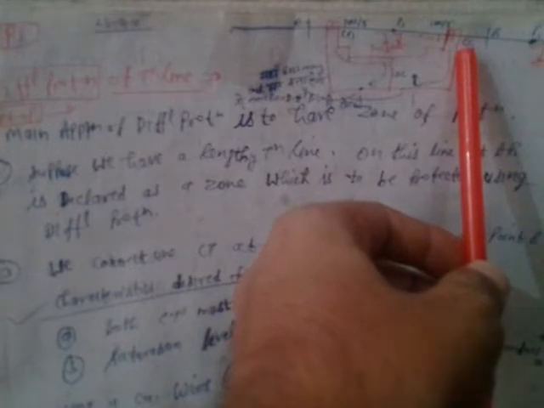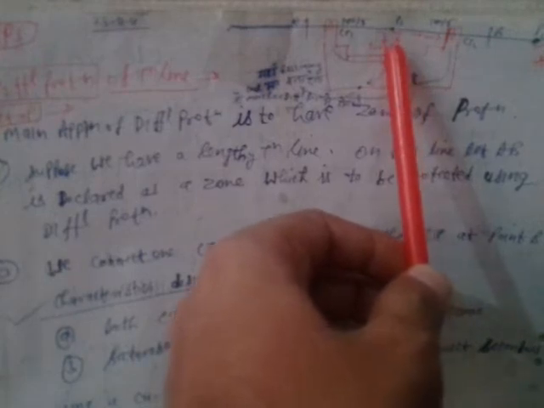Then the current seen by the CT1 primary will be 1000 ampere and the CT2 primary current is 0 ampere. So the CT1 secondary current by the CT ratio is 50 ampere and the CT2 secondary current is 0 ampere. So in this case also the difference of current is 50 ampere minus 0 ampere. That means again the difference of current in the relay operating coil is not zero, so the relay will definitely operate. Have you understood?